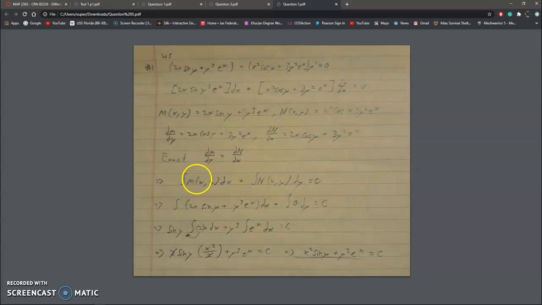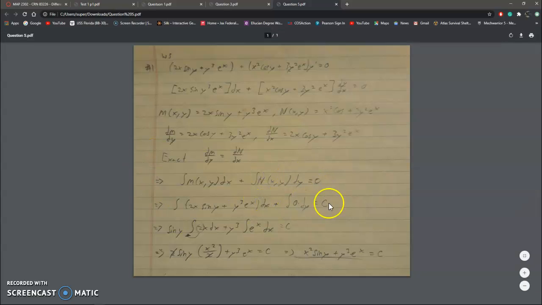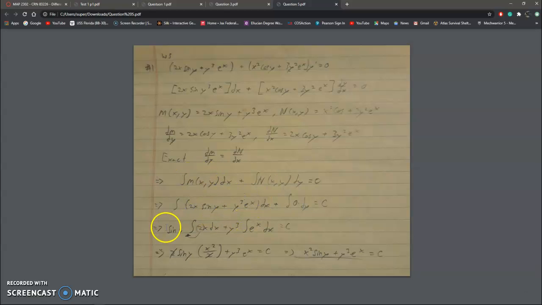So then you integrate the M and then the N, and the integration of the N equals 0, while the integration of the M equals the answer, obviously. But on the way to getting to the answer, you would take out certain things.